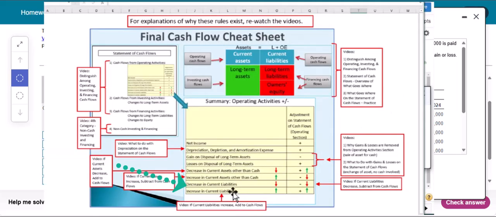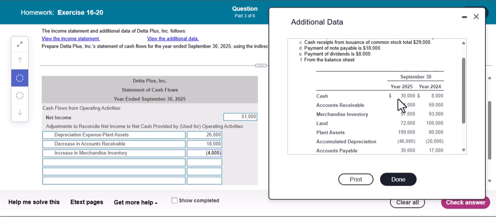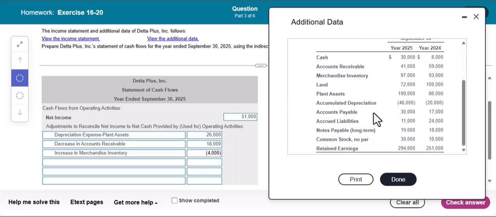The next part of our cheat sheet says we need to analyze the change in current liabilities. For our current liabilities, we have AP here. Our AP went from 17,000 and increased to 30,000. What must have happened to cash if our debts went up? We must have purchased more on account.